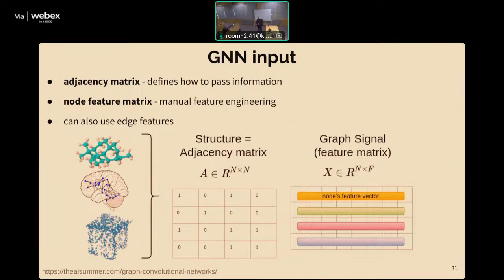And in fact, what features you input into a graph neural network is pretty important. You can have a great performance boost if you compute better features, especially, for example, for molecules. And the adjacency matrix defines how to pass information in the graph. We will see that on the next slide. So to reiterate, you have the graph structure, which is typically predetermined, and you have graph node features and optional edge features that you compute yourself.